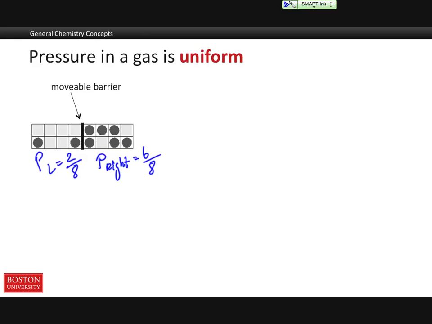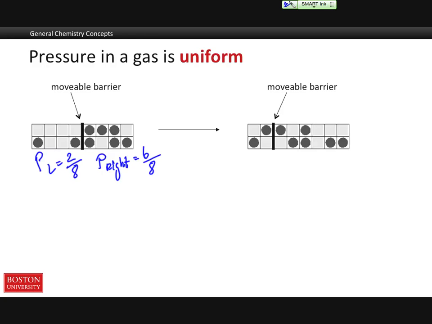When will it move? It'll move until the pressures on either side are equal. So you can calculate over here that the pressure on the left is equal to the pressure on the right. We know that this is a spontaneous change. What makes it spontaneous?